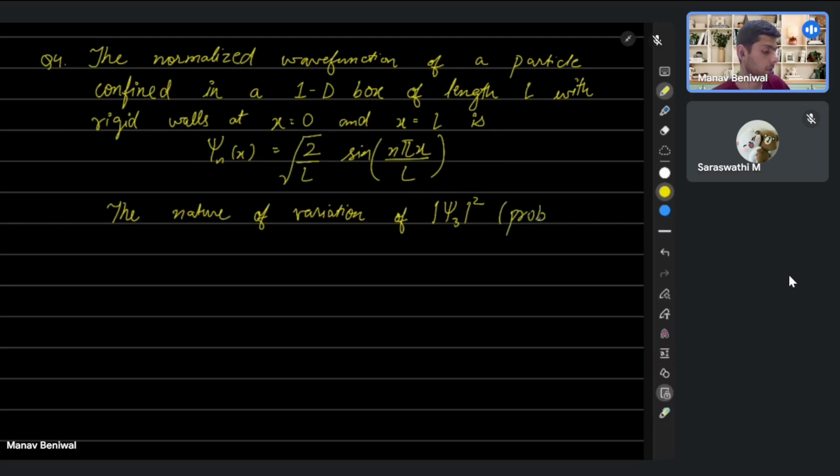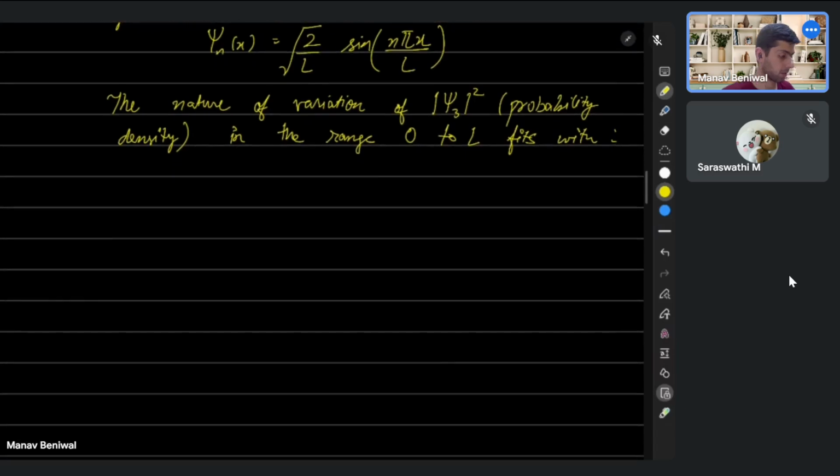This is a way of writing probability density. Here n is 3, which means the second excited state in the range 0 to L, and we are given several options and we have to tell which one it fits with.